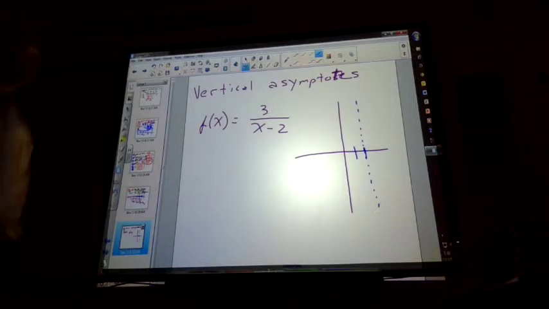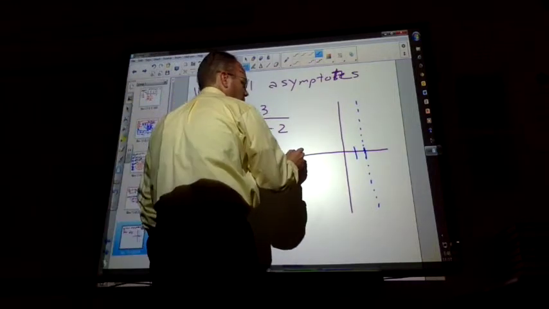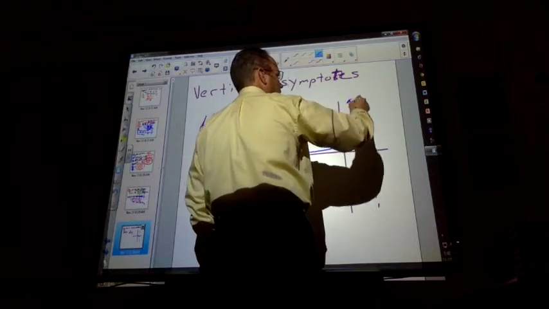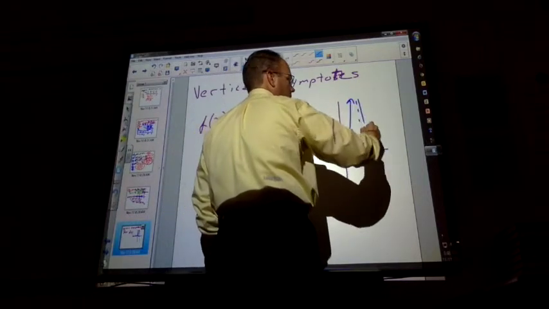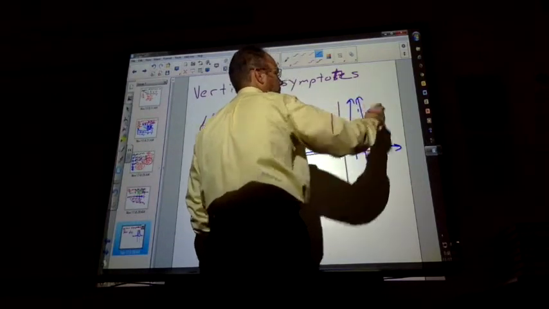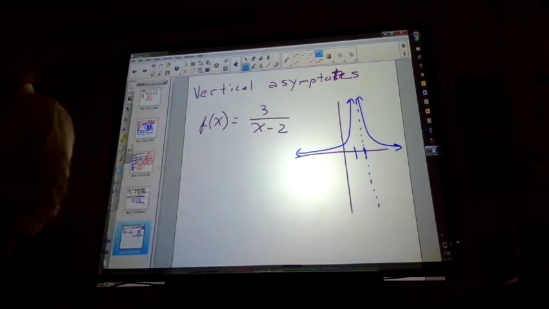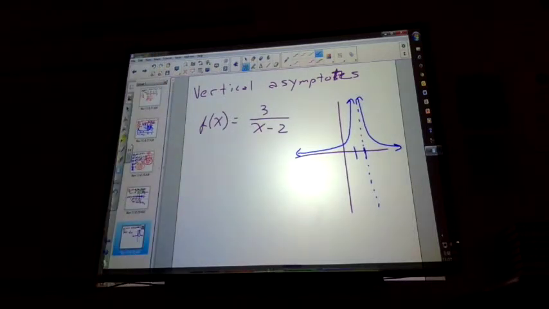I would say this graph could look something like this. So you have a vertical asymptote, a region in the graph that can't exist. Wherever the denominator is equal to 0 becomes a vertical asymptote.